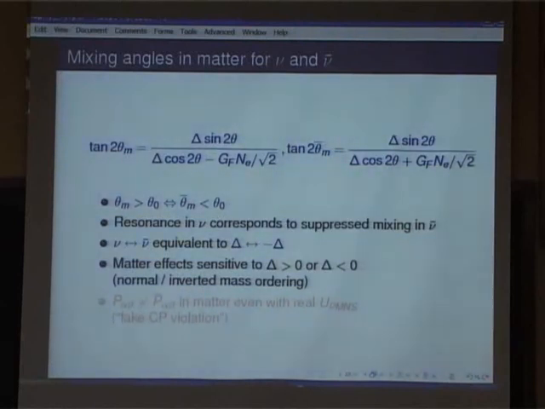This sort of means that now you don't know the sign of delta m square atmosphere. If it was positive, you see how neutrinos behave. Antineutrinos will behave exactly the same way if delta m square atmosphere was negative. So there is this correspondence between nu for positive delta, nu bar for negative delta.